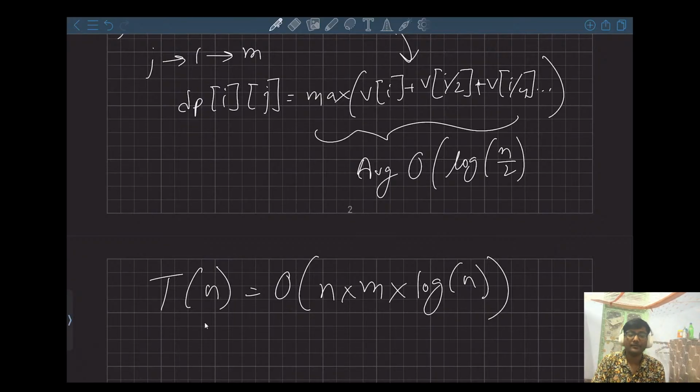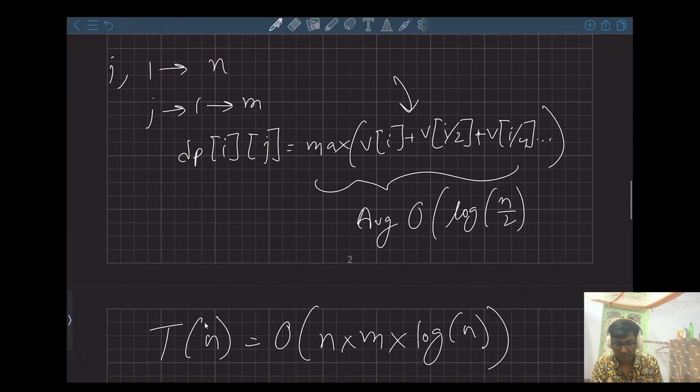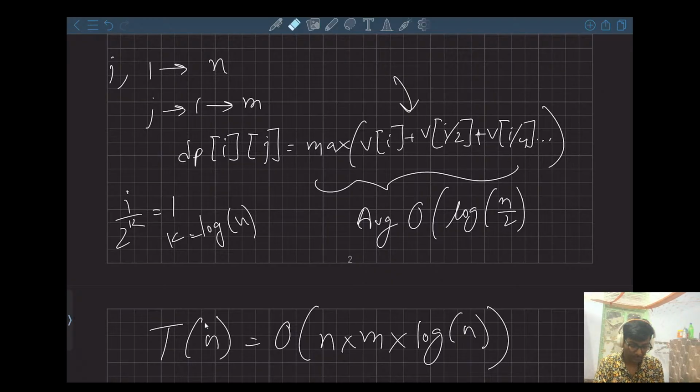Because on the average, we are going up to n by 2. And we have logarithmic depreciation, right? Like if we assume that I by 2 to the power k equal to 1, I should consider that to be the last thing, then k equal to log n approximately, right? Where k is the number of steps.